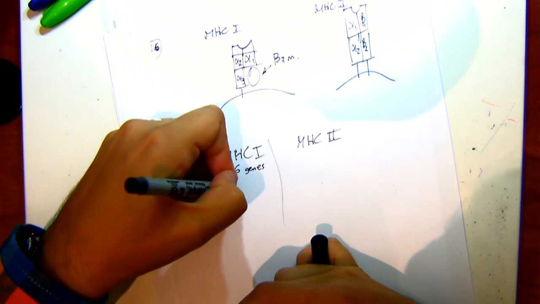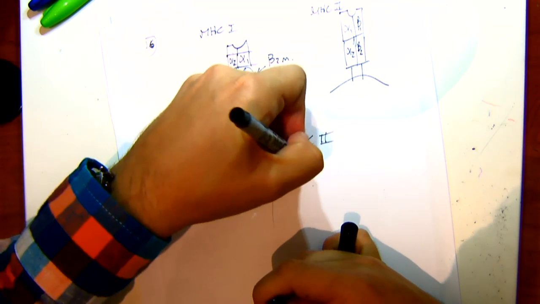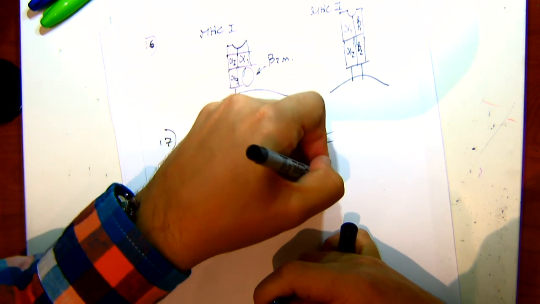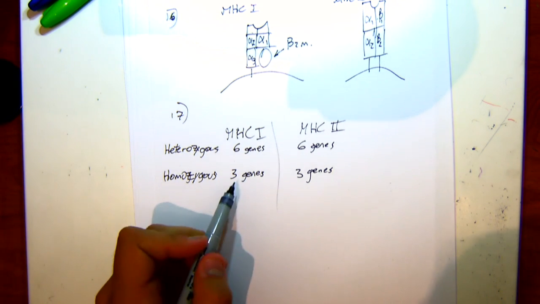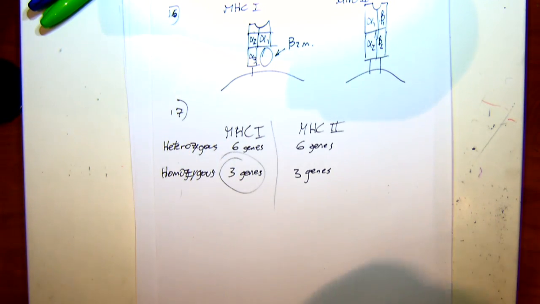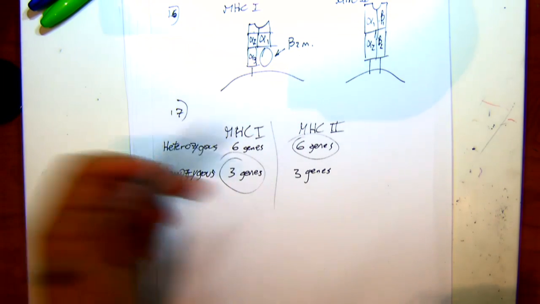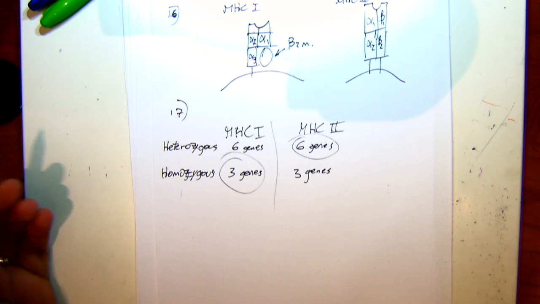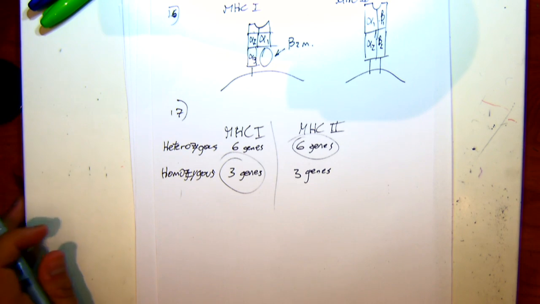If you're homozygous, you can have up to 3 genes. And the same thing is for MHC2. This example says that he is homozygous for MHC1, so you have 3 genes, and heterozygous for MHC2, so 3 plus 6, 9. Now, if we were to say heterozygous for both, you have 12. If you're homozygous for both, you have 6. It's really easy. All right?